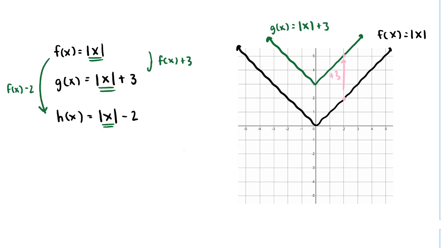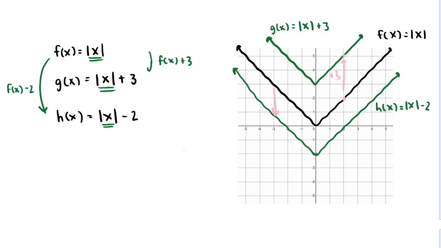The same thing is going to happen, except we're just going to shift our graph down 2 units. So here I can see my h of x function as this one here. This is h of x is equal to the absolute value of x minus 2.